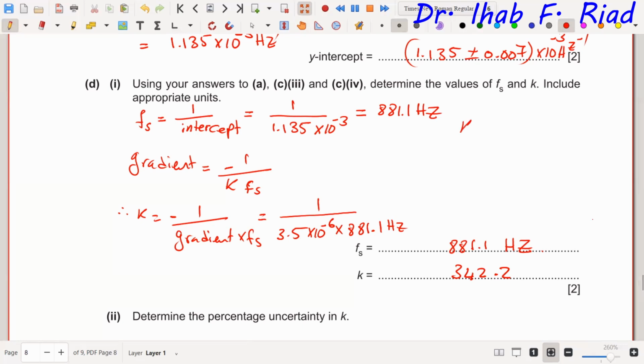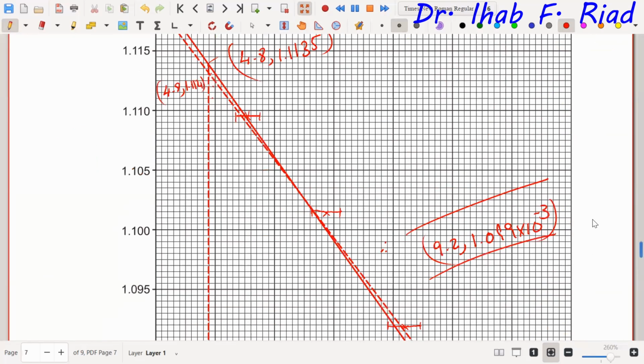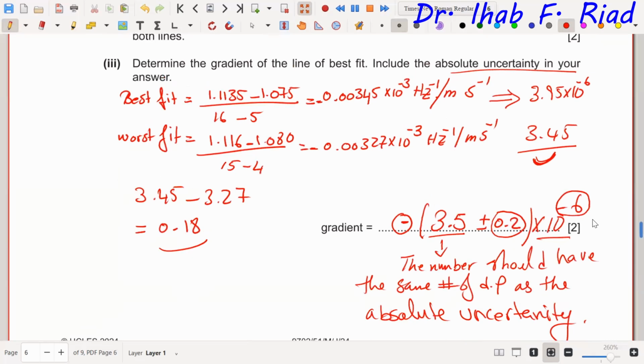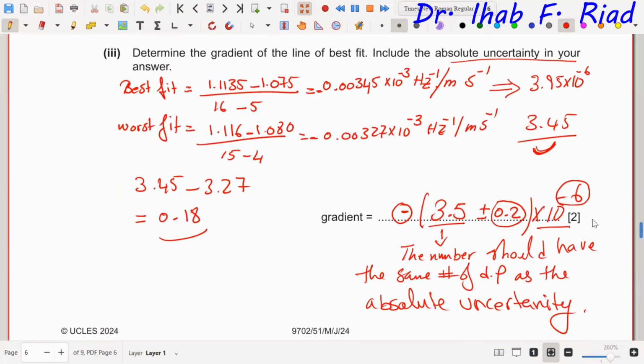So K has units of gradient or inverse gradient, minus 1, right? Yes. And Fs minus 1. So what is gradient minus 1? It is hertz.